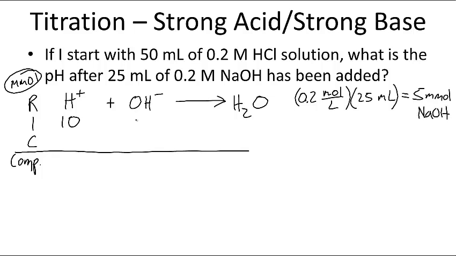All right, so I have 5. I don't care about the water. Still, my limiting reactant is OH minus. So you should have had minus 5, minus 5. I still have 5 millimoles of H plus. So I can stop there, calculate the new concentration, calculate the new pH. So how do I get the concentration of H plus?